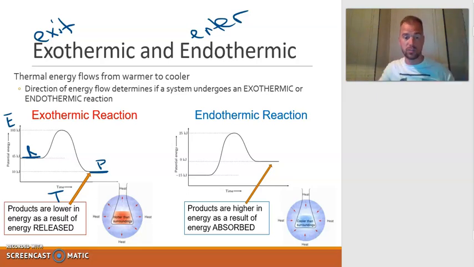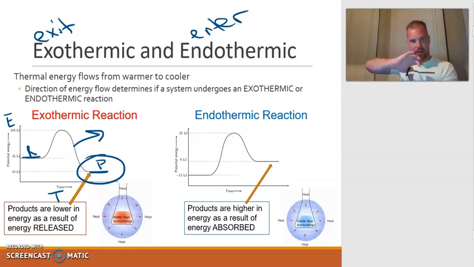Because as a result of the chemical reaction, which by the way is shown with this kind of hill thing, as a result of that chemical reaction, the products are lower in energy because energy was released as a result of that reaction. And remember, when energy is released, your ending products must be lower in energy because that reaction got rid of energy. That's an exothermic reaction.